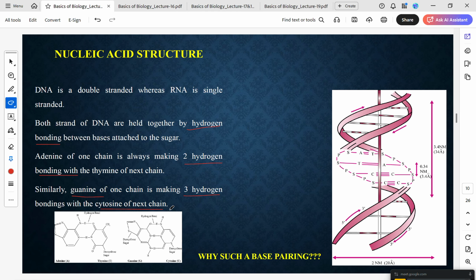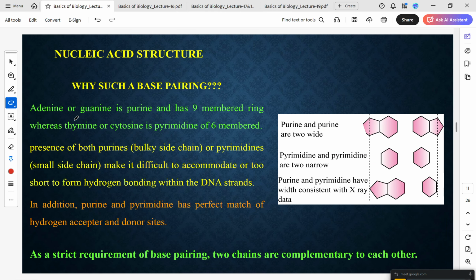And now why does this happen? It's because if there was base pairing happening between two purines, then the structure of the DNA will be too wide, and the conformation won't allow for formation of the helical structure.